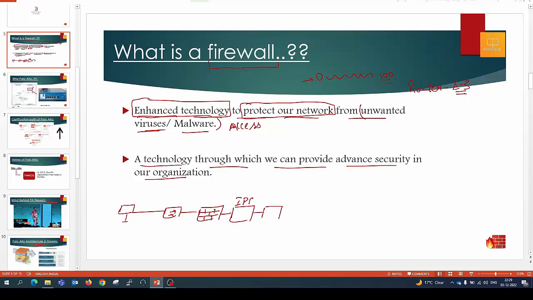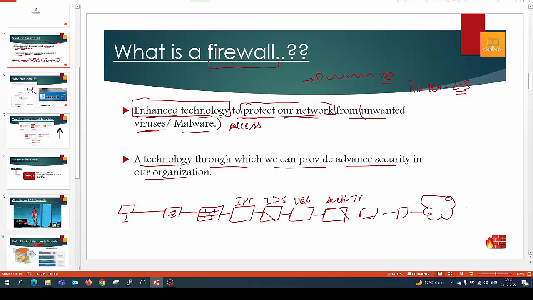Then we had the IDS, intrusion detection system, right? Then a URL filtering box. Then your antivirus solution, and multiple boxes used to be there. And then the internet.